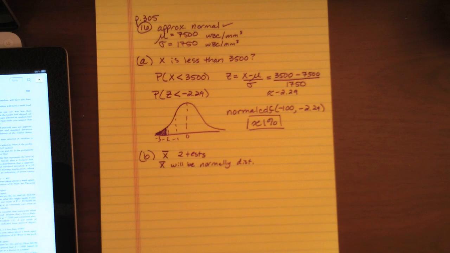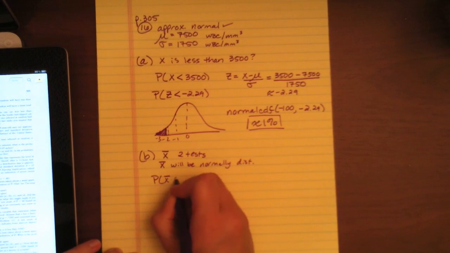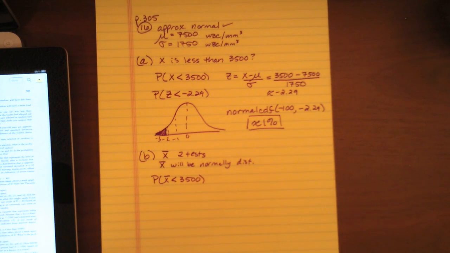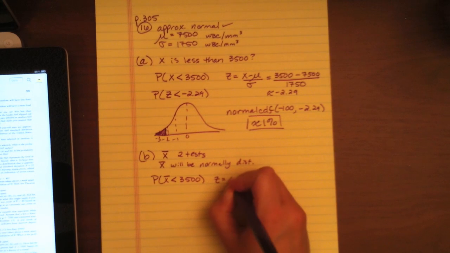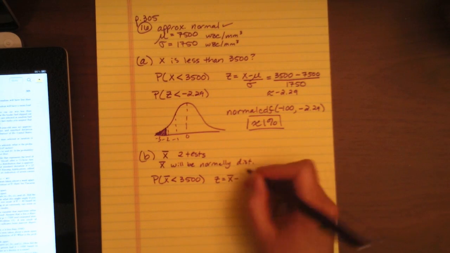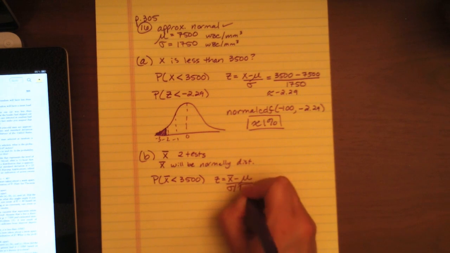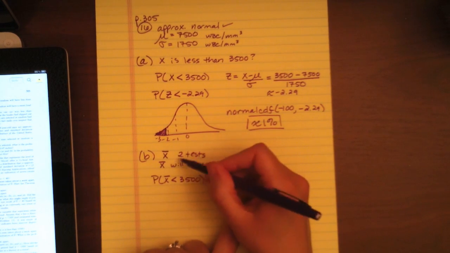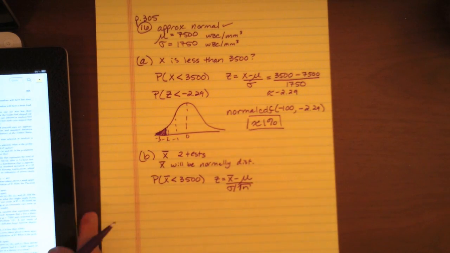And so we would repeat this again, only this time we're looking for what's the probability that x bar is less than 3,500. Now we're going to need to use our new z-score formula, the one that's x bar minus mu divided by sigma over root n. We need to take that sample size into account. It's not just a sample size of 1 anymore, it's a sample size of 2.